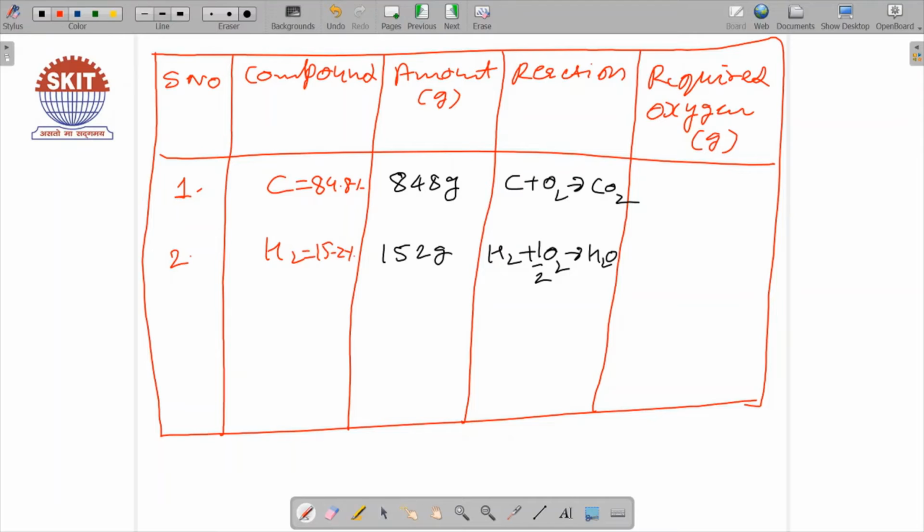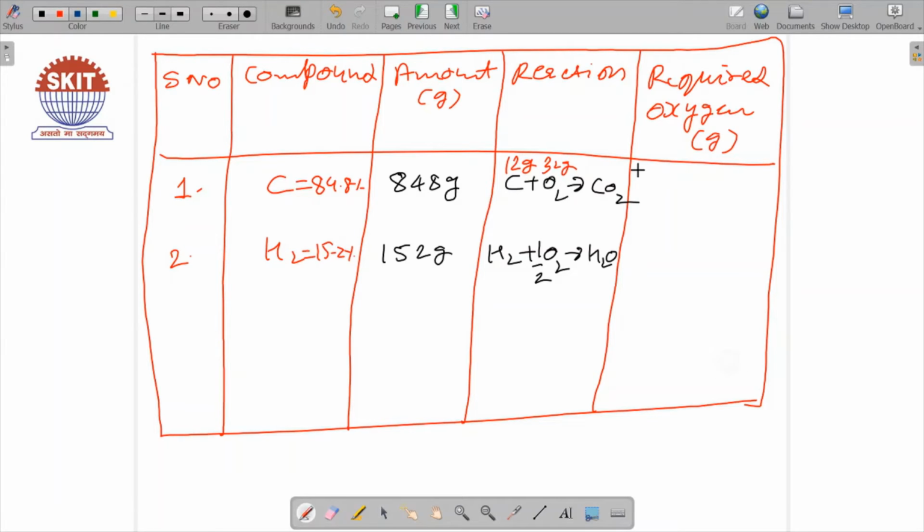Now according to the mole concept, 12 gram of carbon reacts with 32 gram of oxygen. So 848 grams of carbon will react with how much amount of oxygen?